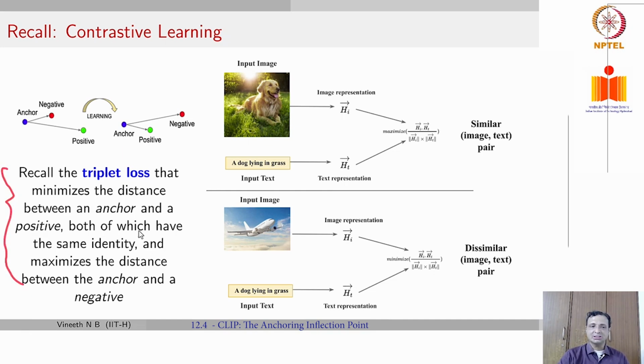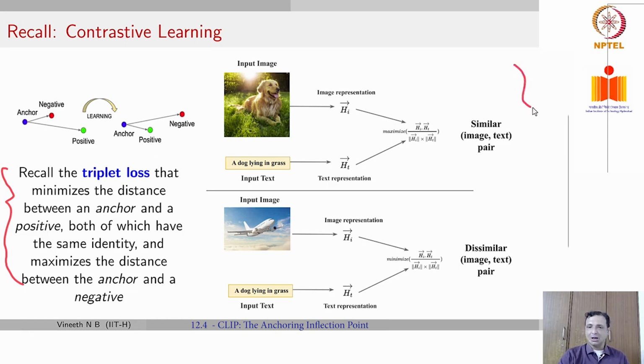The triplet loss minimizes the distance between an anchor and a positive or similar sample and maximizes the distance between the anchor and a negative, which could be of a different identity or a different sample or a dissimilar sample.